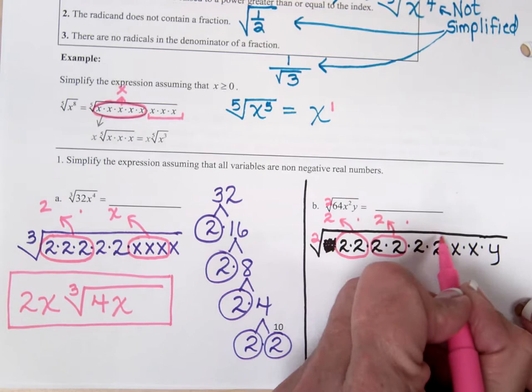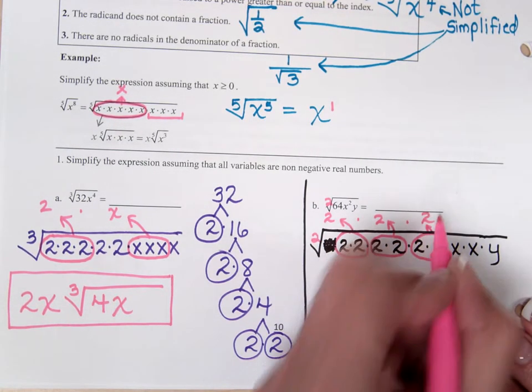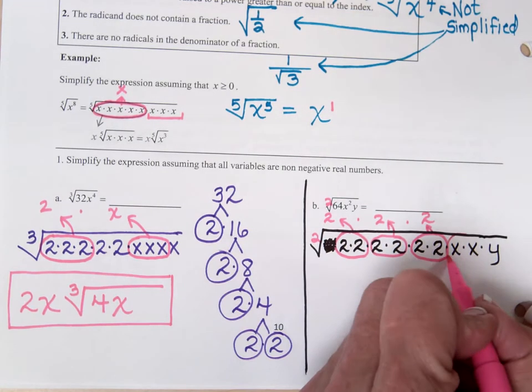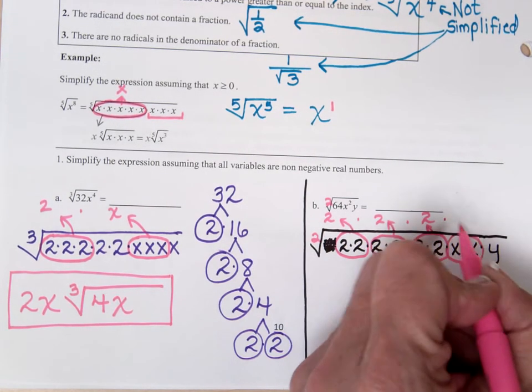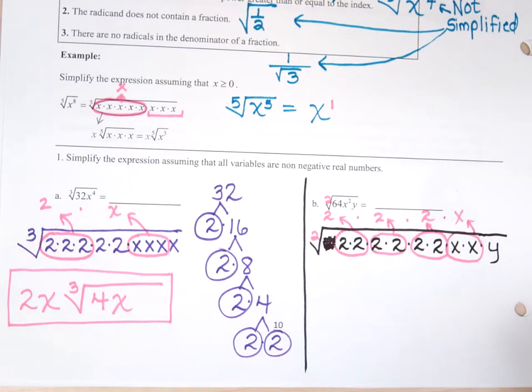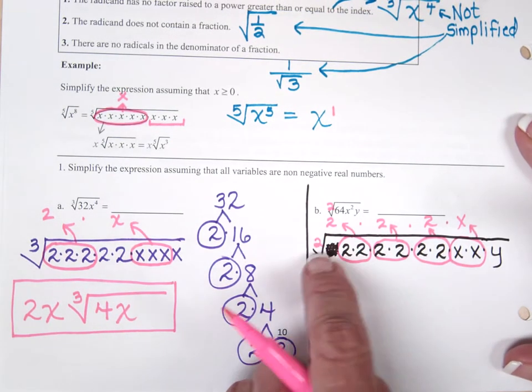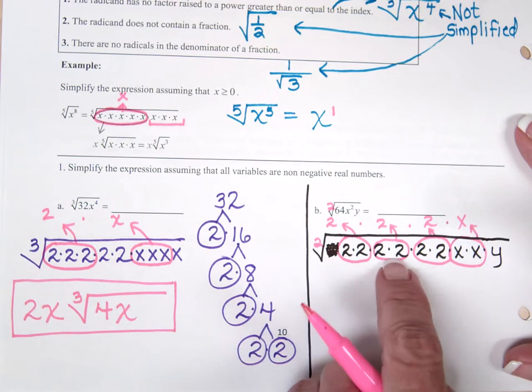And this one's going to come out as a 2. And this one, 2 x's, come out as an x. And I keep putting my multiplication up there just to remind students that it's multiplication. So 2 2's come out as a single, because this is square root.